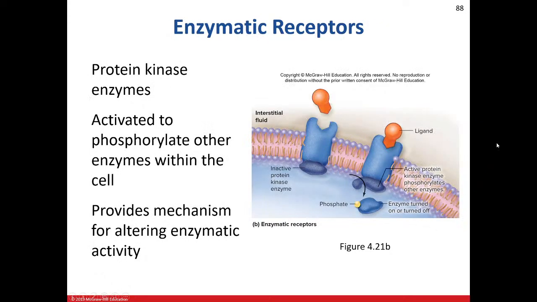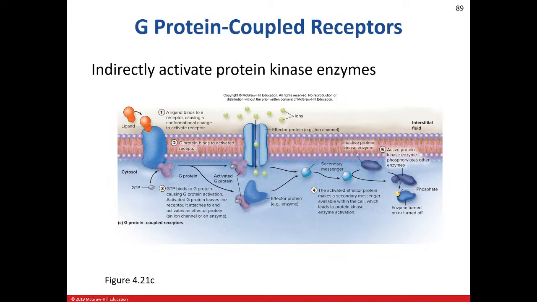All right, so there are protein kinase enzymes, and protein kinase enzymes phosphorylate other enzymes, which activates or deactivates them depending on the enzyme. And in this case, they're doing it when they are stimulated to do so by a ligand, by detecting their specific ligand. G protein coupled receptors are incredibly important, especially in pharmacology and understanding how drugs work.